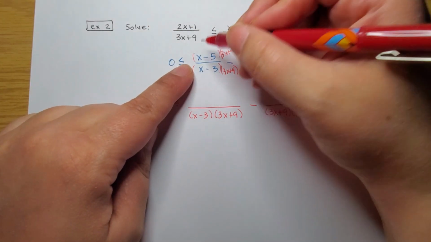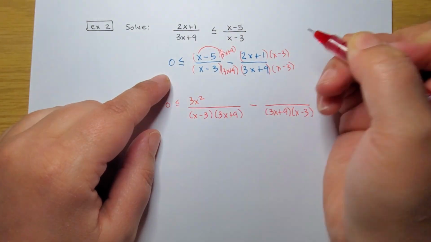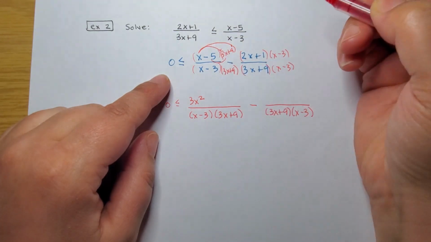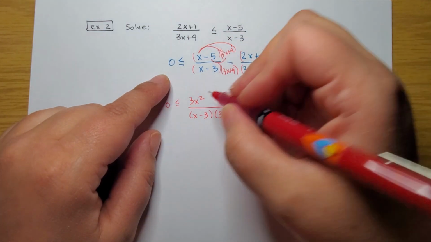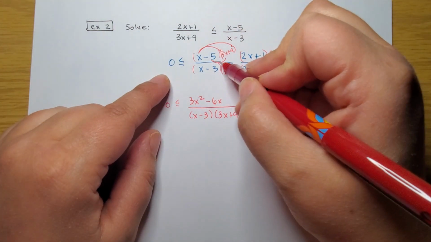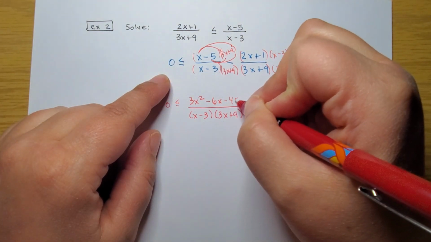Now, on the top, x times 3x is 3x squared. Then I'm going to get 9x minus 15x, that should be minus 6x. And then minus 5 times 9 is minus 45.